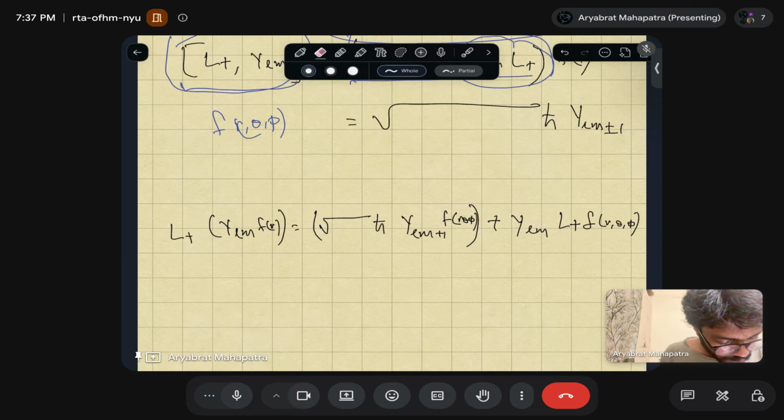And the second term will be Y_lm first, and then L plus operating on f, the second term of the commutator.